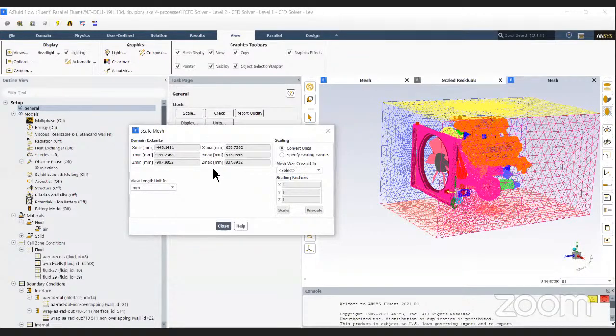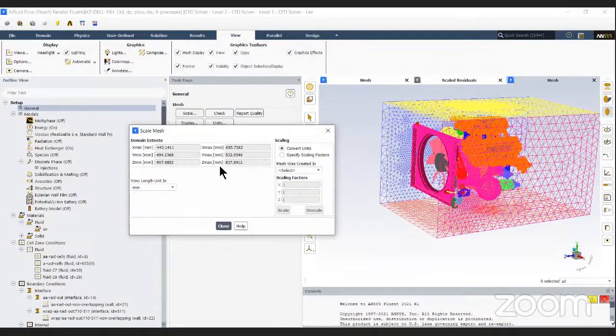Now, you would do this for any CFD simulation for sure, but why it becomes very important in any situation, especially in this, is because remember, you are going to be specifying your fan rotation axis origin, right?